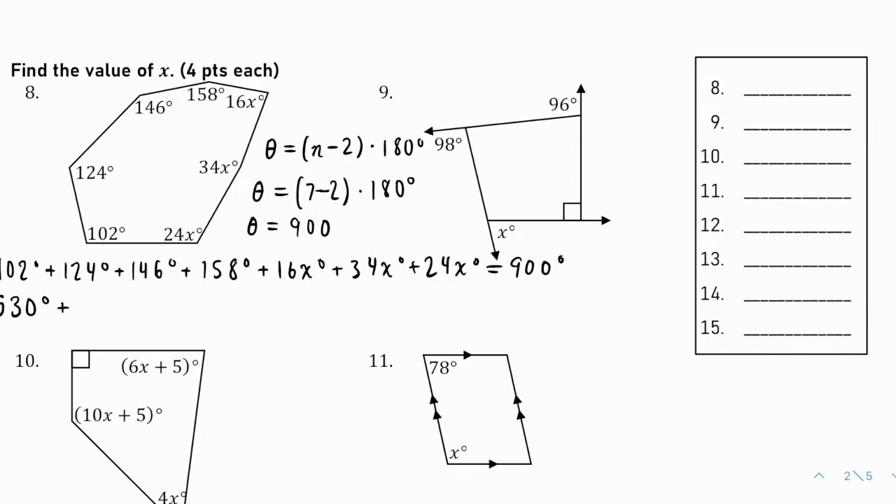I'm going to double check that. Yep, 74. So 530 plus 74x equals 900. 900 minus 530 is 370. And 370 divided by 74 is 5.